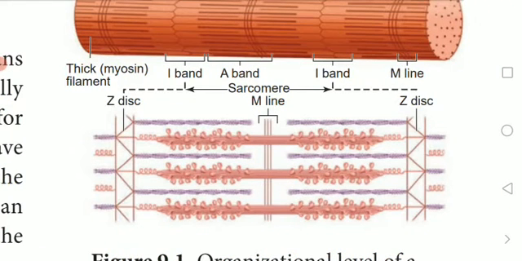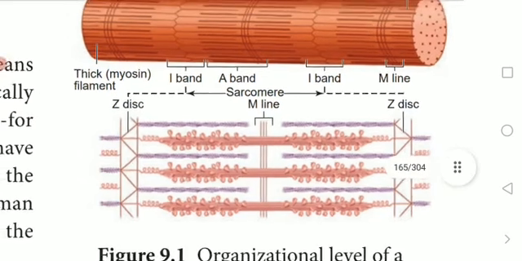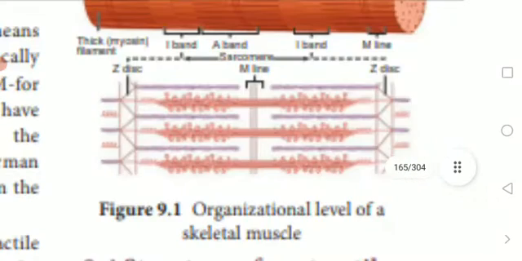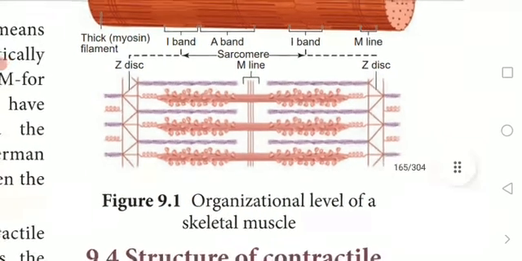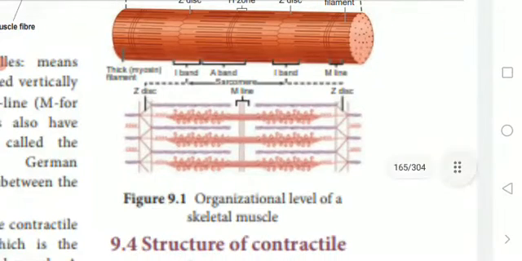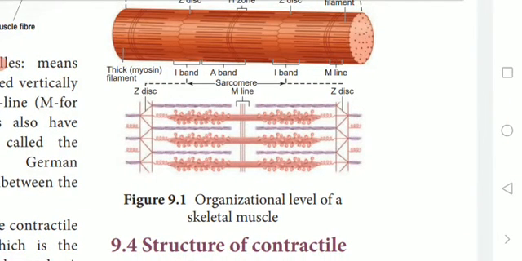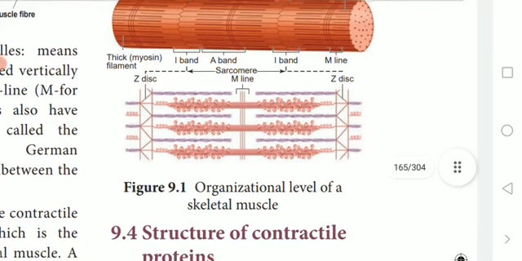The sarcomere is the region of myofibril between two successive Z discs. It contains an A band with half an I band at each end. Inside the sarcomere, two types of filaments are present, namely thick and thin filaments. The thick filaments extend the entire length of the A band.